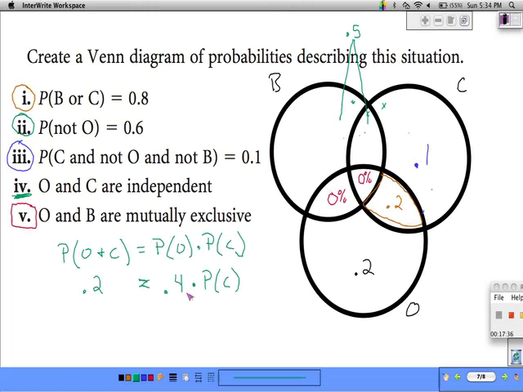Now I can use this multiplication formula to figure out what the total probability in choir needs to be. I'm going to divide by 0.4. The probability that someone is in choir is 1/2. In this problem, it would be more applicable to think of it as 0.5. So now I come back to my choir circle. And I've got 0.2 in there already and 0.1 in there already.